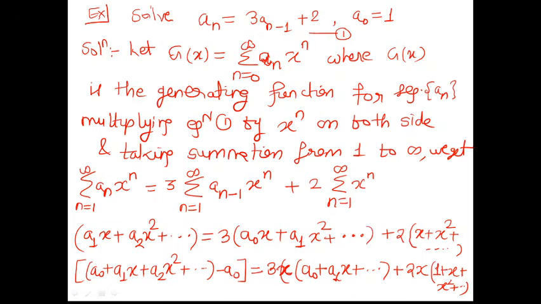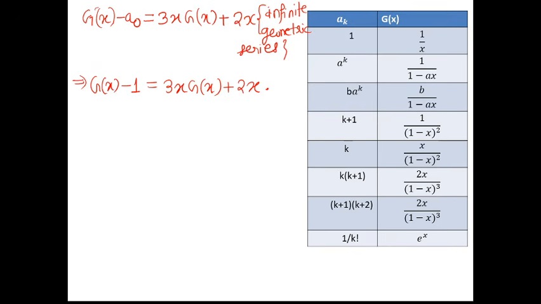Here a is the first term in this geometric series, which is 1, and the common ratio is x. So as per the formula we have 1 upon 1 minus x. So this is what we have here.